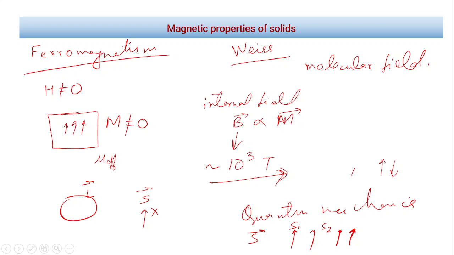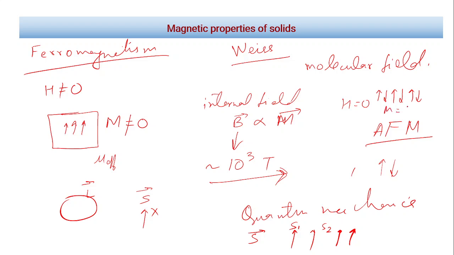So based on this Heisenberg exchange interaction concept, the derivation is able to explain why some materials show ferromagnetism, where the magnetic moments are parallel to each other and the net magnetization is non-zero. And we have some materials called antiferromagnetic materials, in which the magnetic moments are not parallel but anti-parallel, so the net magnetic moment becomes zero in the absence of field.